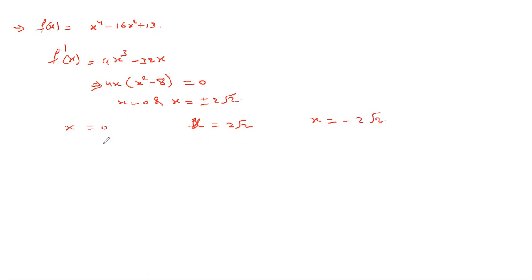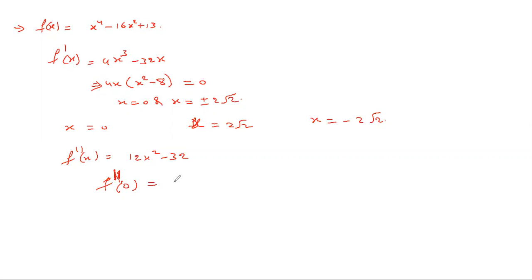F double dash of x we need to identify. It will be 12x square minus 32. For f double dash of 0, whenever this is 0, we have to go forward to f triple dash. If this is non-zero, then the problem ends here.